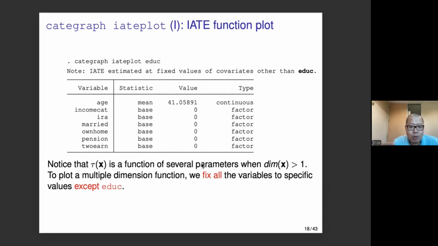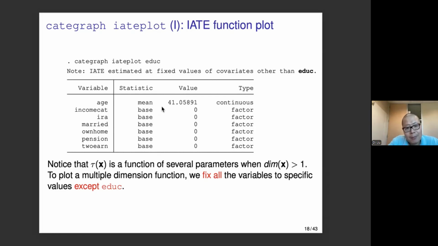We can have 2 variables, 3 variables, or more than 4 or 5 variables. So we cannot really draw a function if we have more than 2 variables. If there's just 1 variable, we can draw that function in a two-dimensional graph. If we have 2 variables, we have to draw it on a 3-dimensional graph. If there are more than 3 variables, it's hard to visualize.